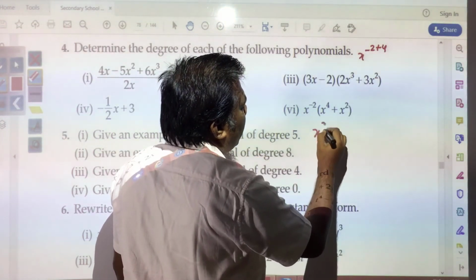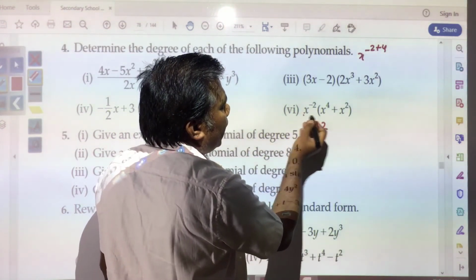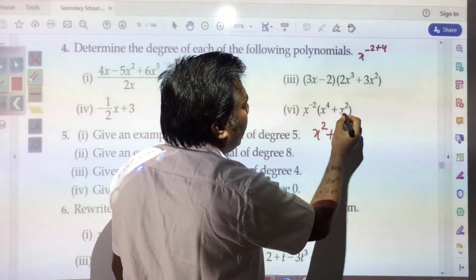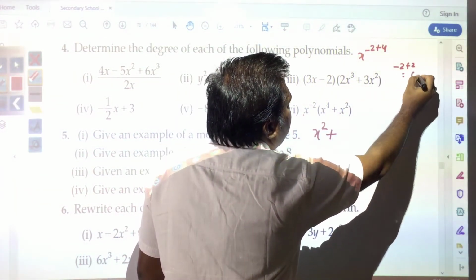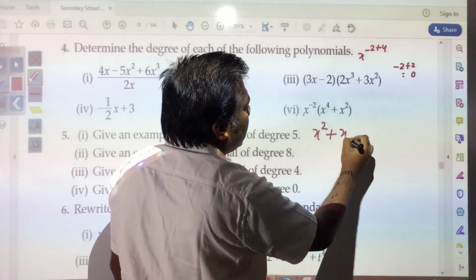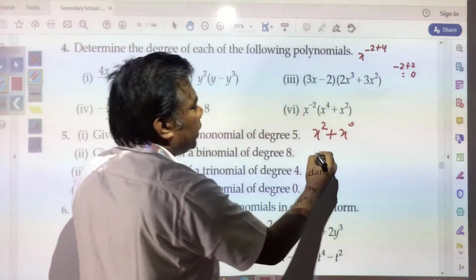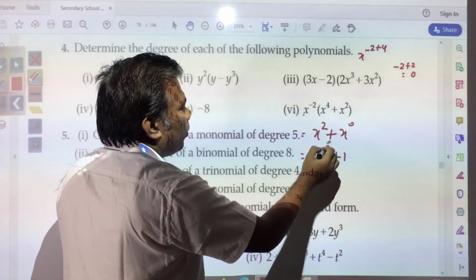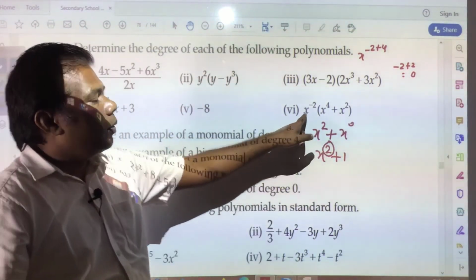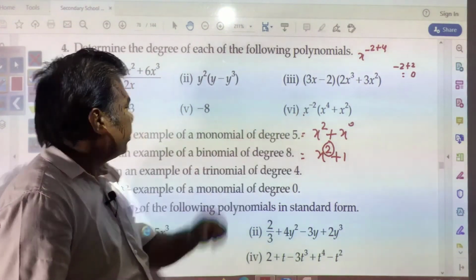So, x to the power 2 you will get if you are multiplying this, and this will be what? Minus 2 and plus 2, it means 0. So, x to the power 0 you will get. It means it can be written as x square plus 1. So, maximum power is what? 2. So, degree will be 2 for this question.